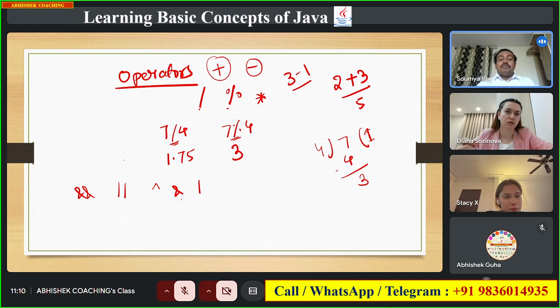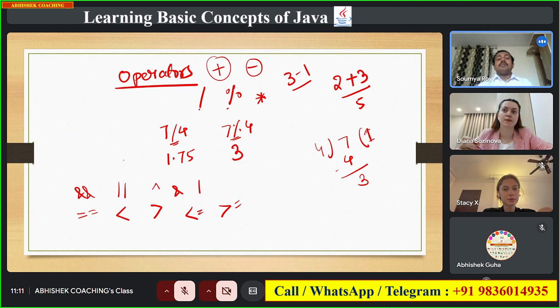Then there are relational operators, for checking whether both sides are equal or not, that is the equal to operator, and for checking less than, greater than, less than or equal to, greater than or equal to.